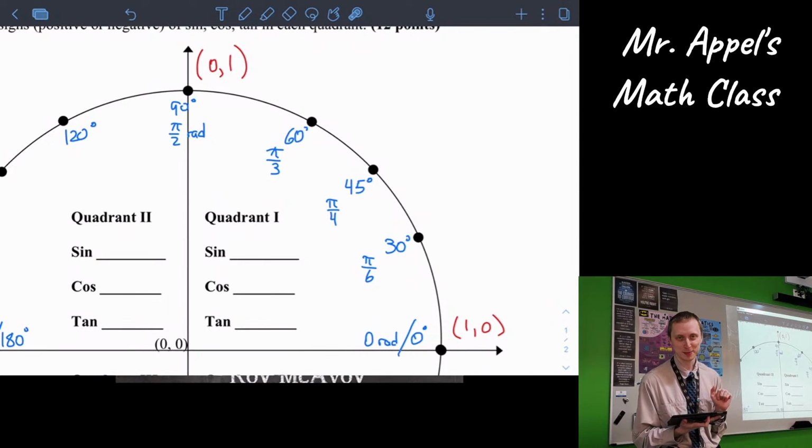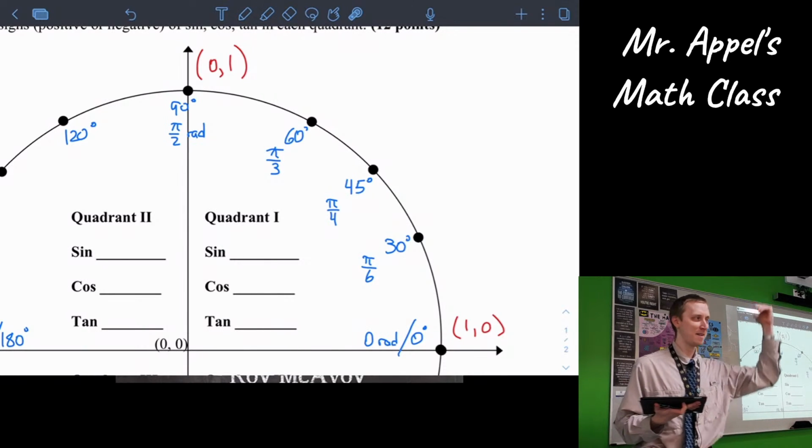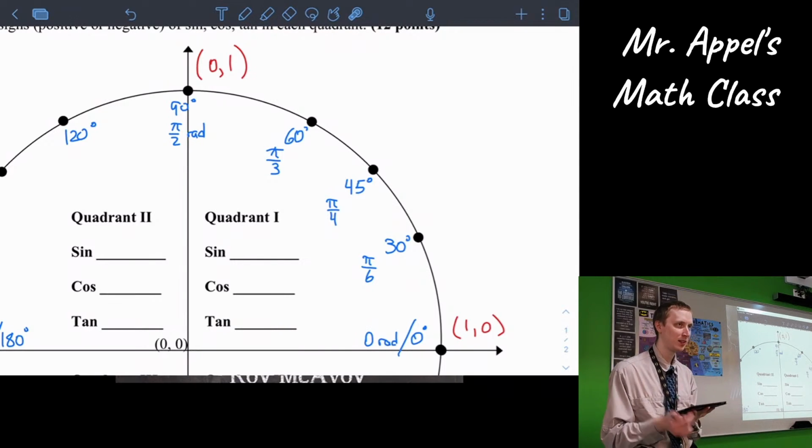Oh no, they haven't memorized it. Sine of 30 degrees is a half. 1/2. Sine of 30 degrees is 1/2.